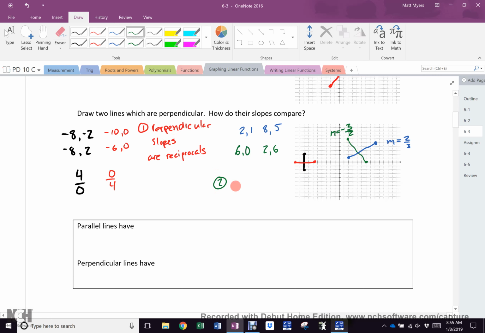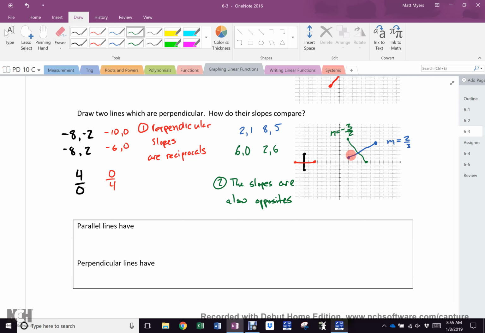The slopes are reciprocals, but the slopes are also opposites. Does everybody see why that has to be? The vertical and horizontal one shows us why it's got to be reciprocals. And the two diagonal ones show us why it's got to be negative and positive.